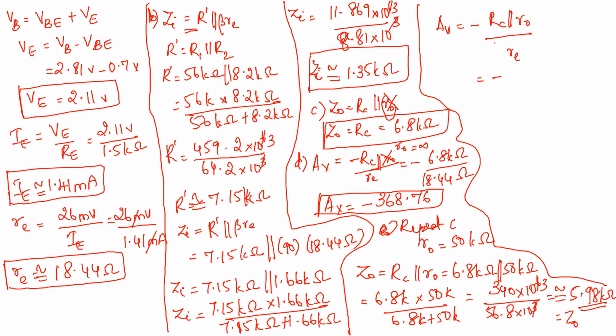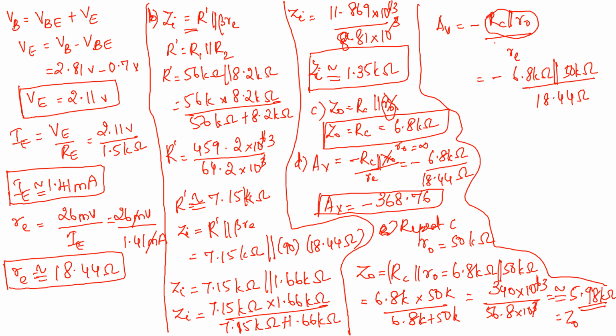RC is 6.8 kilo ohm parallel to R0, which is 50 kilo ohm, divided by RE, which is 18.44 ohm. Here you have already calculated RC parallel to R0.